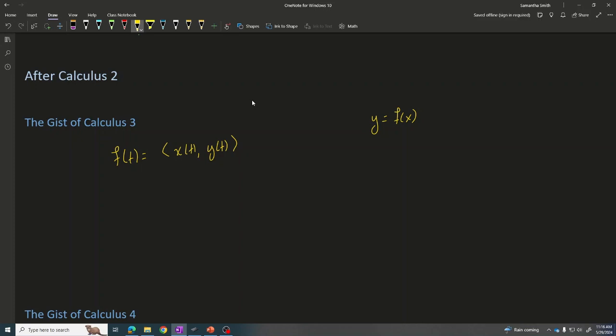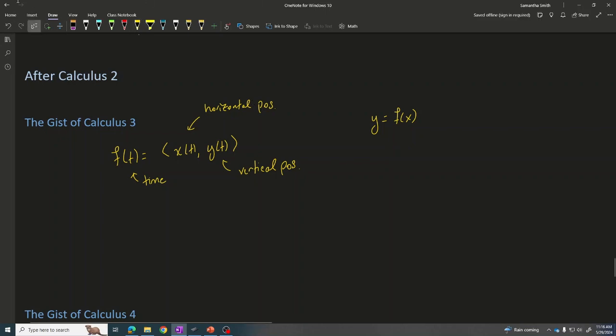An example with that would be if you plugged in, for example, a specific time, and the function gave back to you an object's horizontal position at that time, and also the function gave you the object's vertical position at that time, if it was moving in two-dimensional space. Calculus 3 is all about functions like this one, and all about how to use derivatives and integrals with functions like these, functions that have more than one output variable.